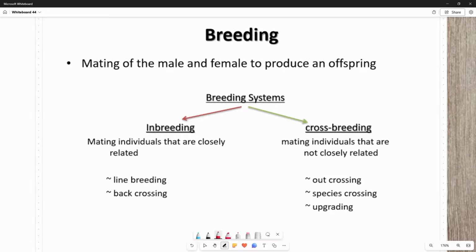Remember, in terms of reproduction, we have also dealt with reproductive techniques, which are asexual reproduction. So breeding is sexual reproduction. There is a physical pairing of the male and the female. They come together to produce the offspring.